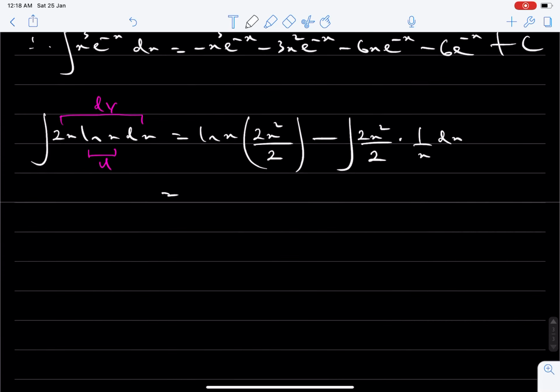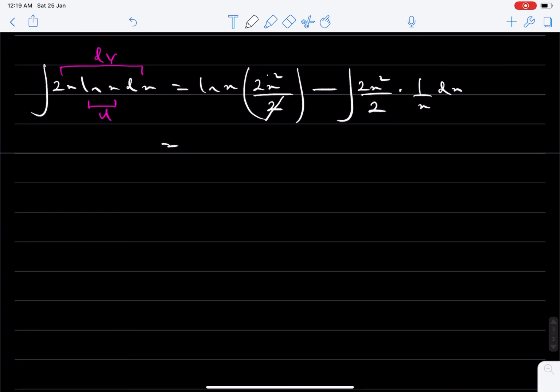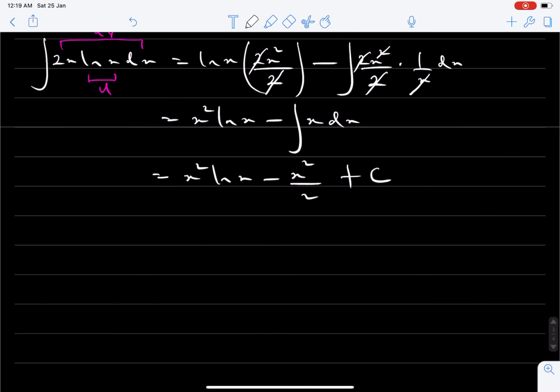And that's equal to, 2 cancels 2, 2 cancels 2. And then we have x squared ln x minus the integral of x, here cancels one of the x's, minus the integral of x dx. And that's equal to x squared ln x minus x squared over 2 plus c.